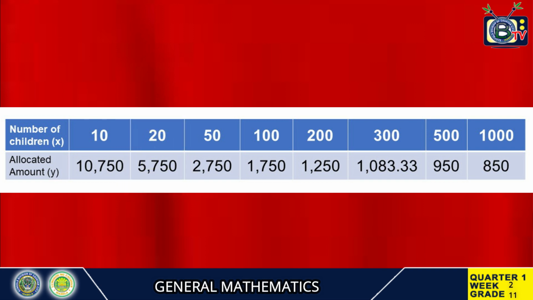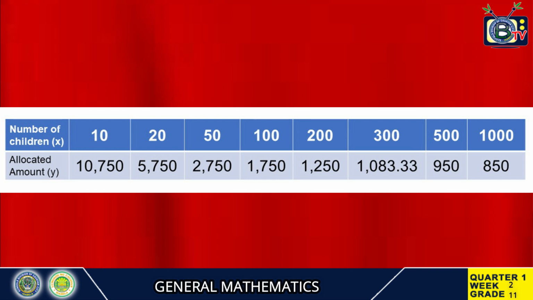For 50 children, the allotted amount will be 2,750 pesos. For 100 children, it's 1,750 pesos. For 200 children, the allotted amount will be 1,250 pesos. For 300 children, yes, the amount given is 1,083 pesos and 33 centavos.